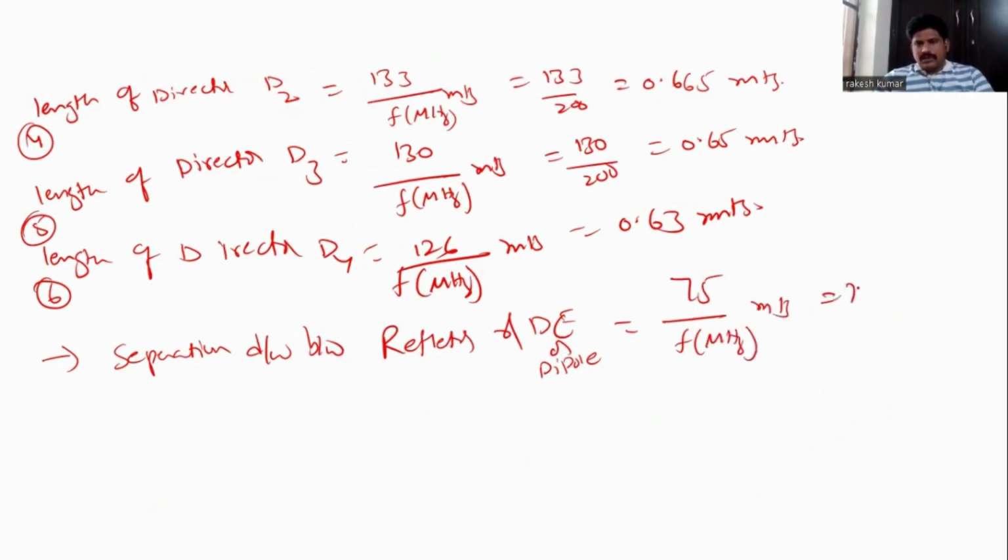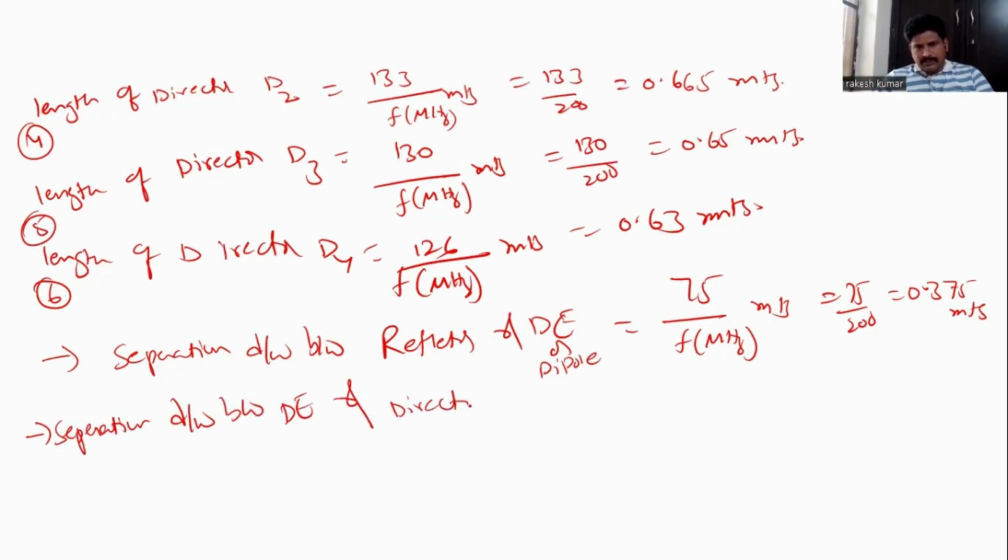So 75 by 200 gets 0.375 meters. Next, the separation distance between the driven element and director D1. The formula is 40 by F in megahertz, that is equal to 40 by 200, that is equal to 0.2 meters.